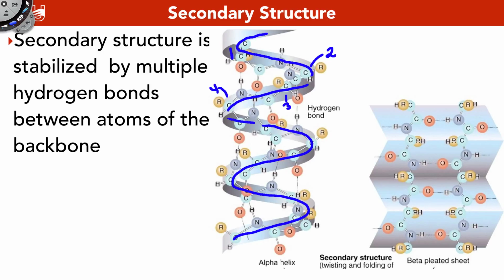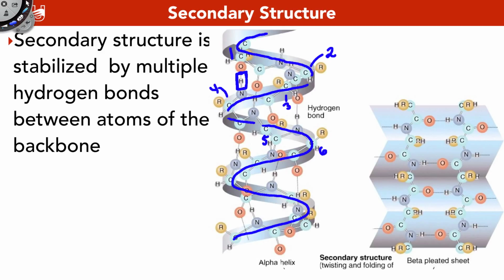Do you notice how the first amino acid is forming a bond? This is a hydrogen bond. Again, the interactions between these amino acids. And we can continue this discussion, 4, 5, 6.